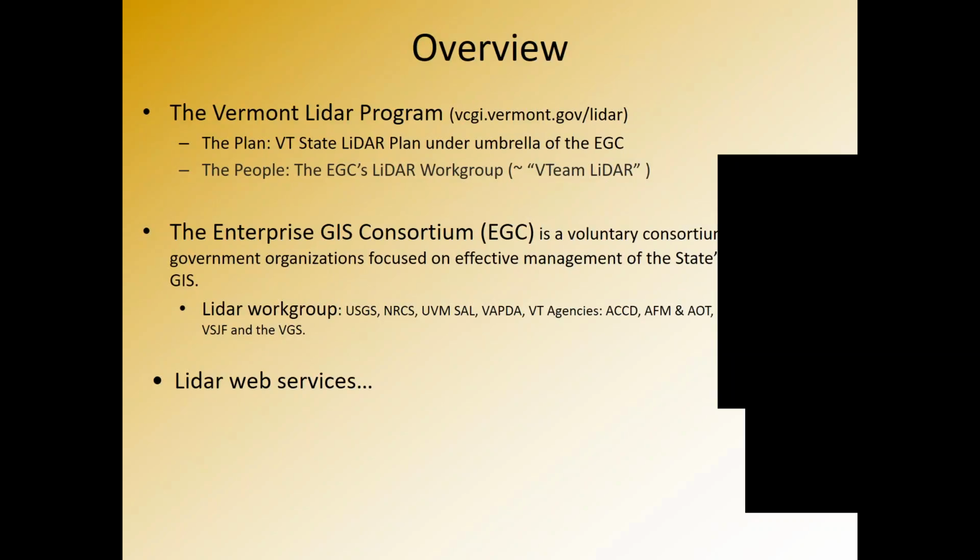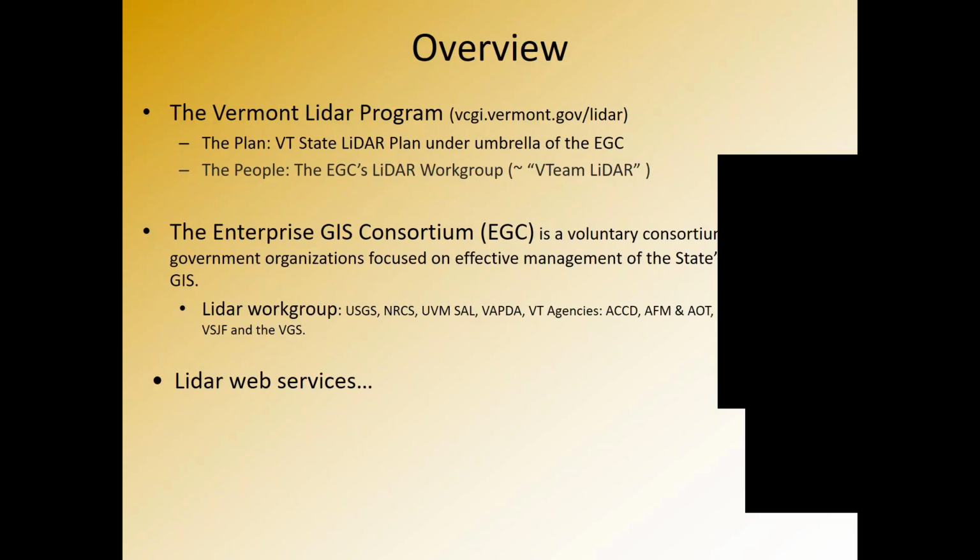And within that, we have what's called the Lidar Work Group, which I've been working with to promote the state Lidar program. We have some federal partners, some academic partners, and different state and nonprofit partners. I'd like to give them a good shout out, and thank them all for sticking with us for the years to be able to get to where we've gotten to today.